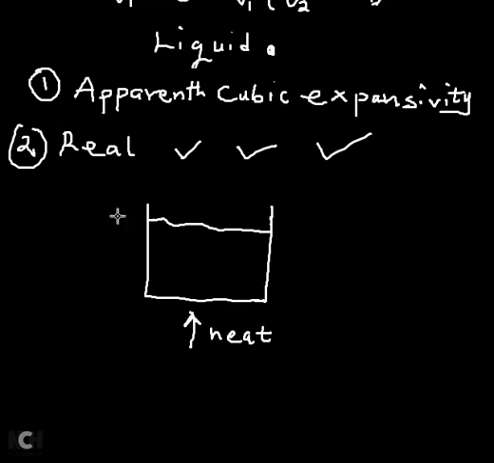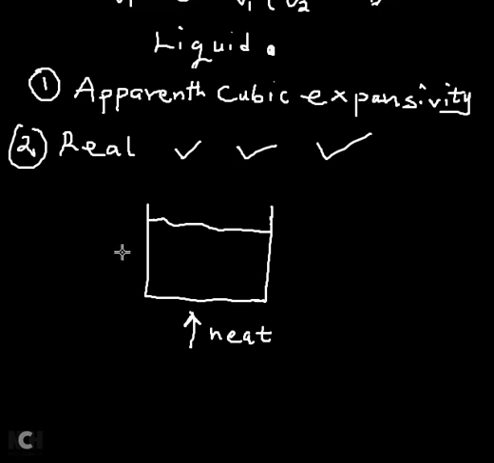So that is why we call such expansivity apparent. But the real cubic expansivity is the expansivity of the liquid that is measured taking into consideration the expansion of the container vessel, right?